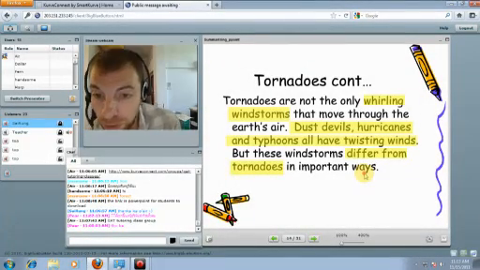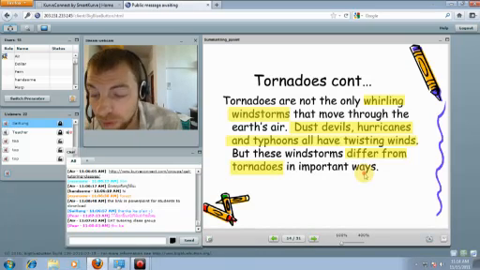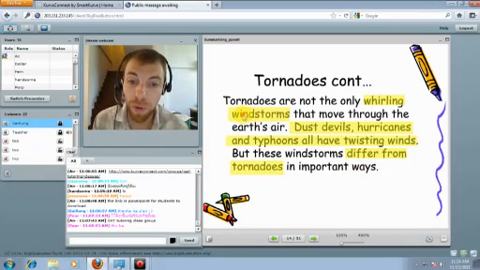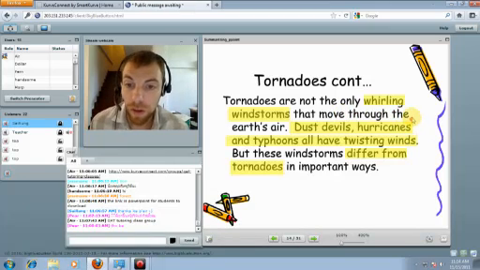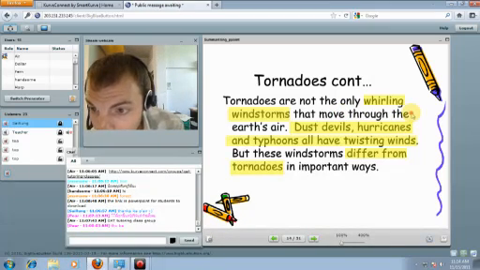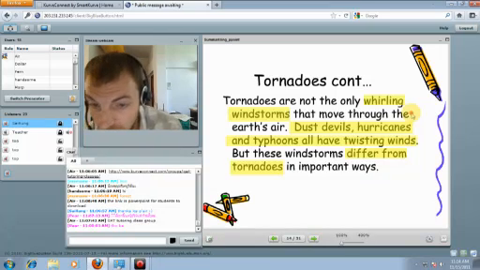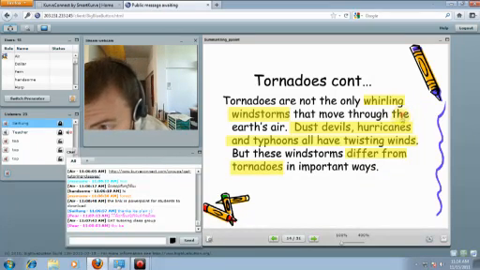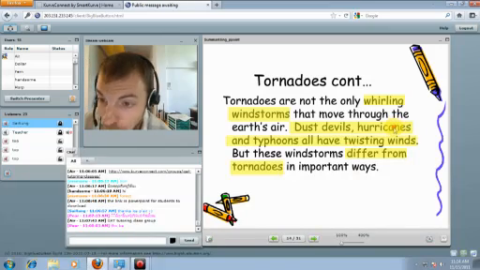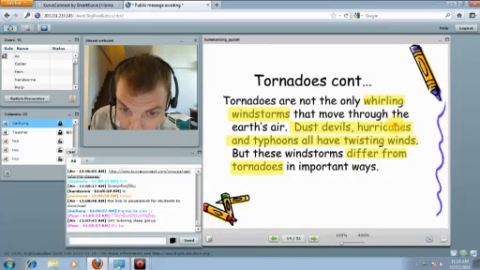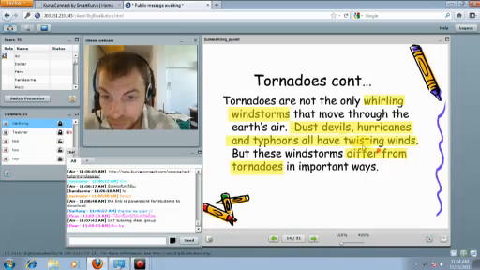Tornadoes continued. Everyone reading at home, please read. Tornadoes are not the only twirling windstorms that move through the Earth's air.